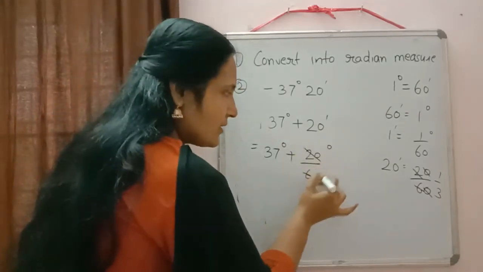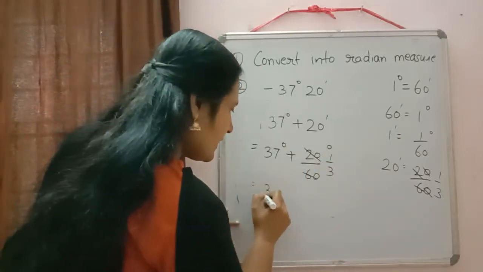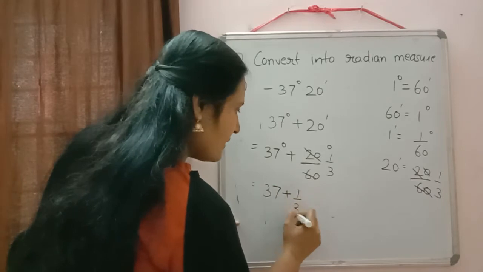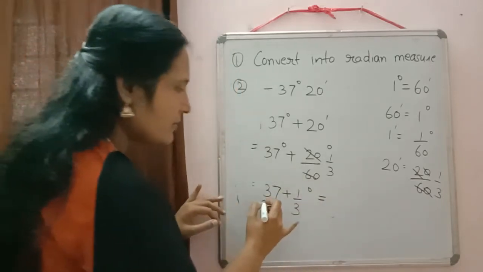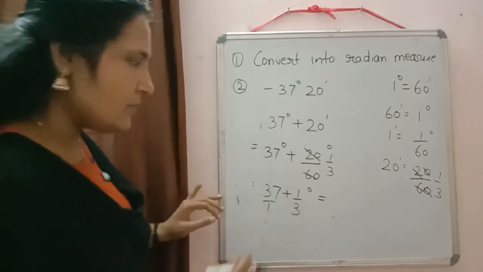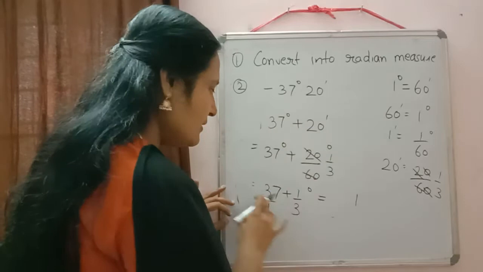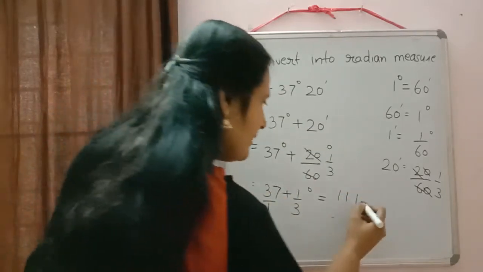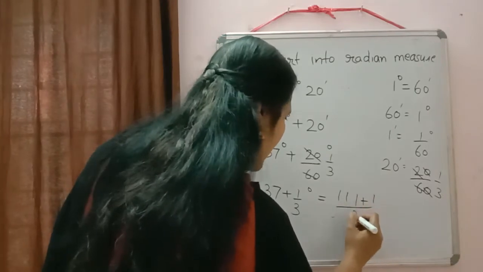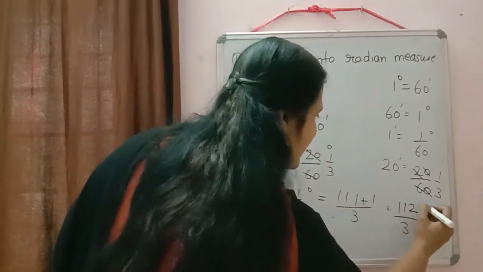Now this got cancelled and we are getting 1 by 3. So we are getting 37 plus 1 by 3 degree. For 37 and 1 by 3 we can do the cross multiplication. 3 sevens are 21, carry over 2. 3 threes are 9 plus 2, 11. So 111 plus 1 by 3, that will be equal to 112 by 3 degree.